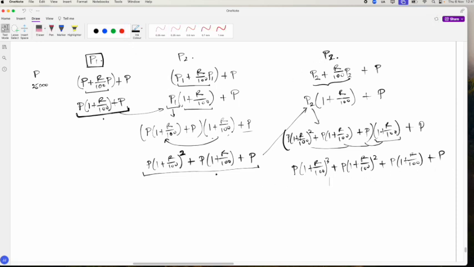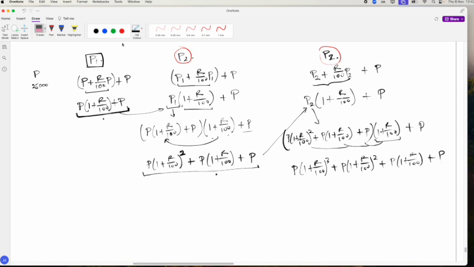So every single one is represented by a geometric progression. This geometric progression starts with P, and this will be after the first year, this will be after the second year, and all of this will be after the third year.